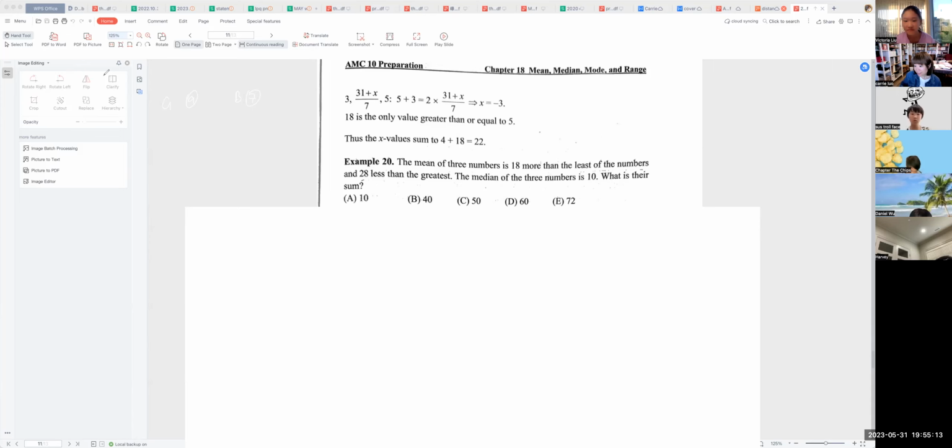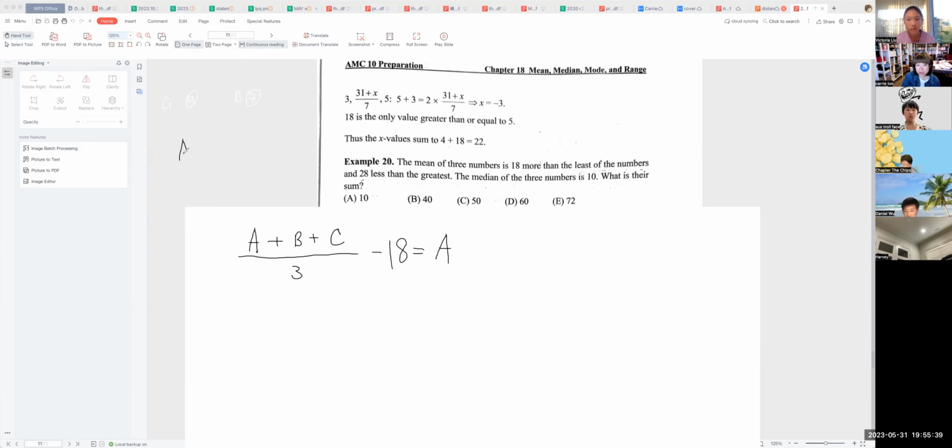Okay，好，我们现在来看一下。So the mean of 3 numbers, they're all together 3 numbers, right? So I'm gonna name them A, B, and C, okay? So the mean is A plus B plus C divided by 3, right? It's 18 more than the least of the numbers, so A plus B plus C divided by 3 minus 18 equals A, correct?